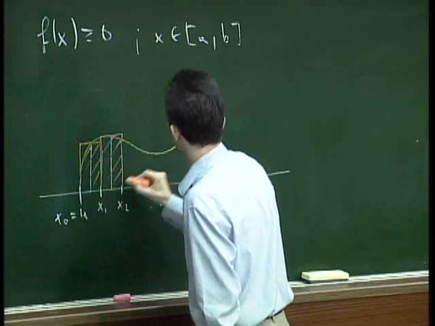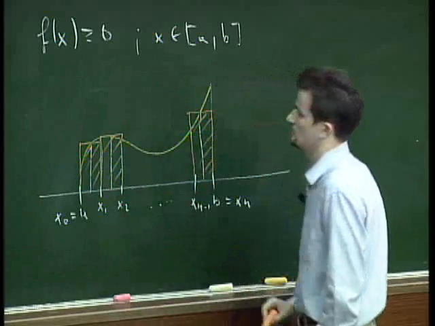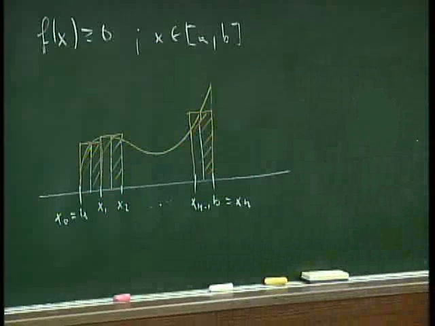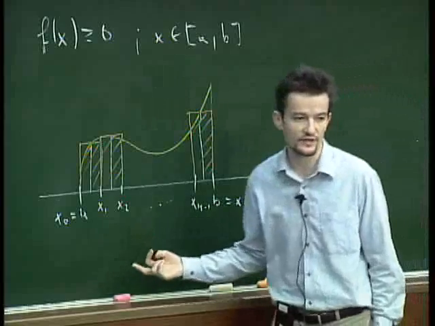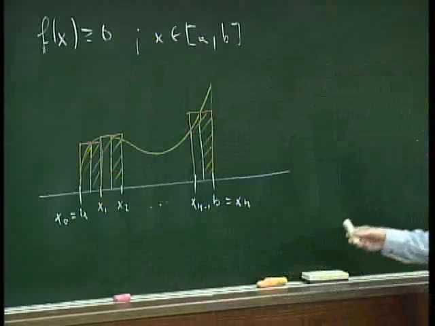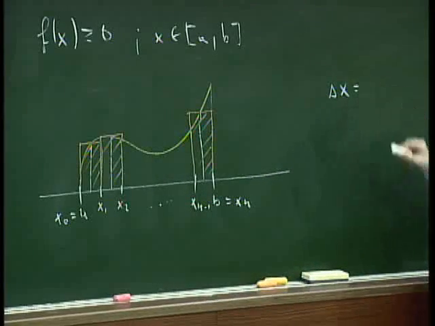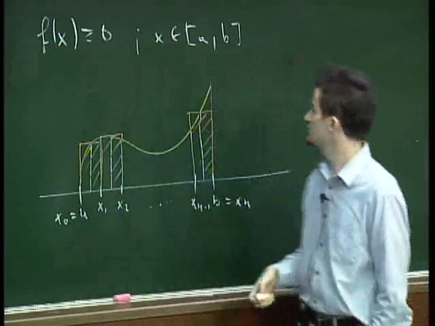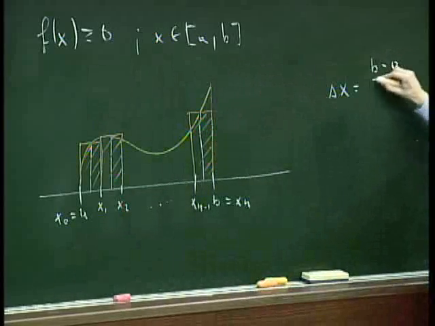And then we let the subdivision get smaller and smaller, so n tends to infinity. Just to fix some notation, the length of every subinterval is equal to (b minus a) over n.